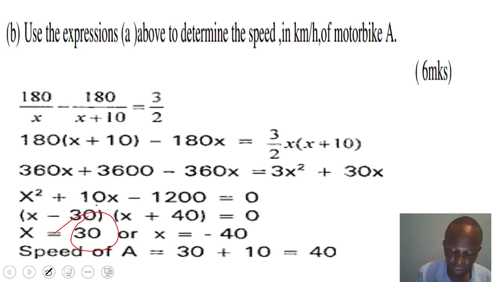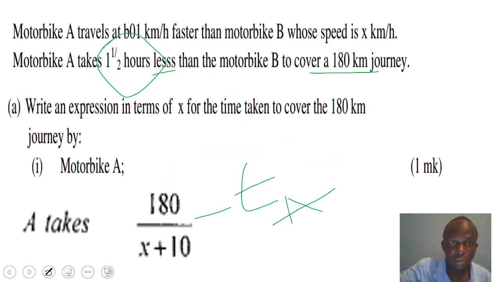The speed of A is 30 plus 10, because we said in the question, maybe I can take you back to the question. Motorbike A travels 10 km faster.